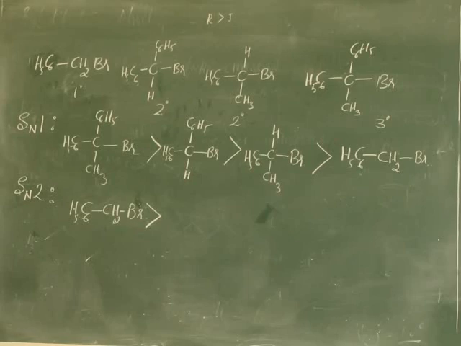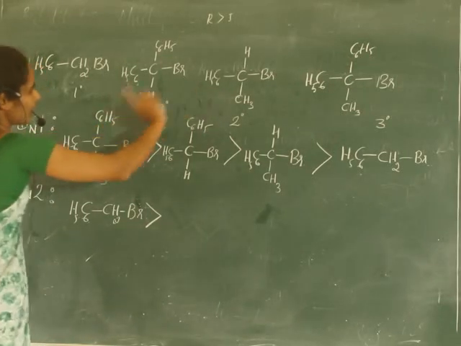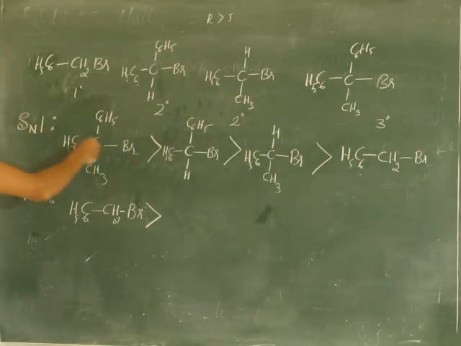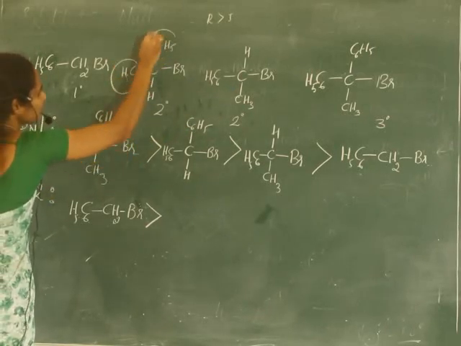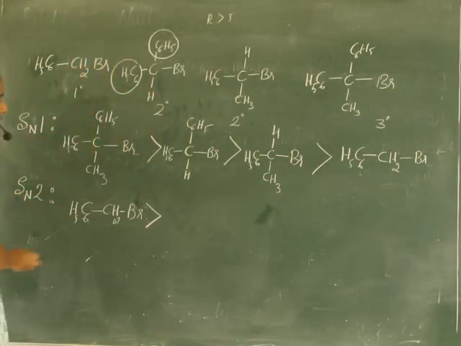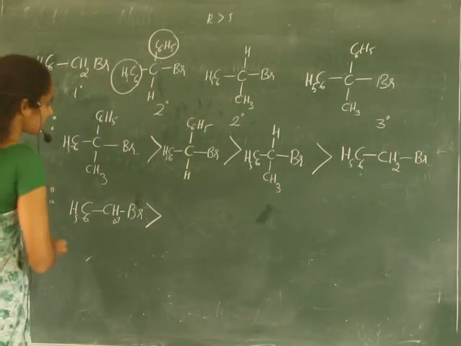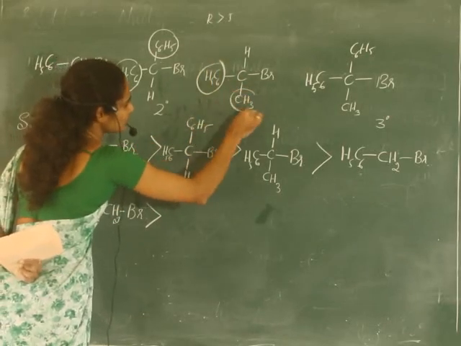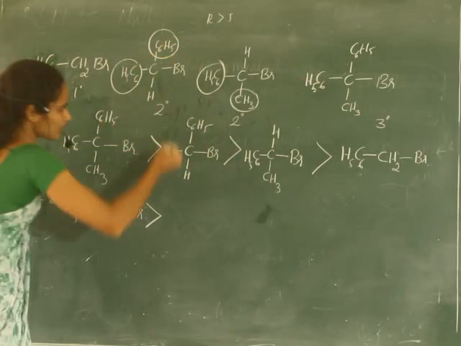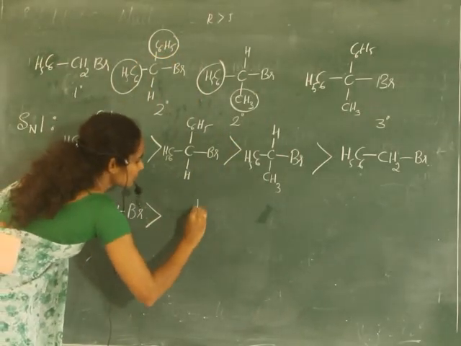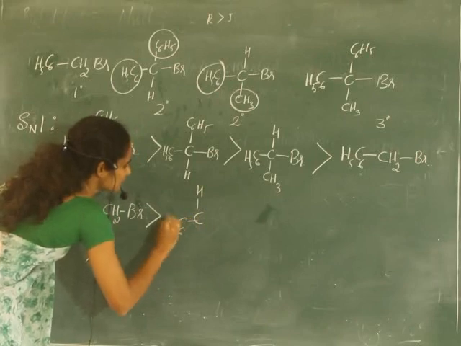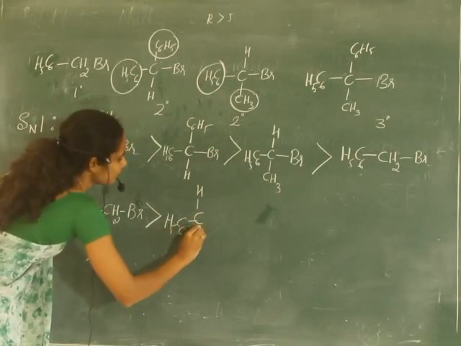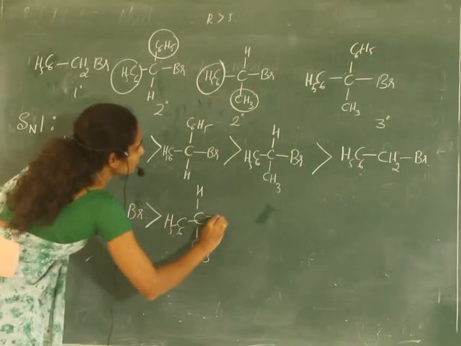First compound is primary, next is C6H5 CH3 and Br. Why? Because here C6H5 and C6H5 both are bulkier groups. Hence reactivity decreases, and here C6H5 is bulkier compared to CH3, which is not much bulkier. Hence reactivity is C6H5 and next is CH3 and Br.